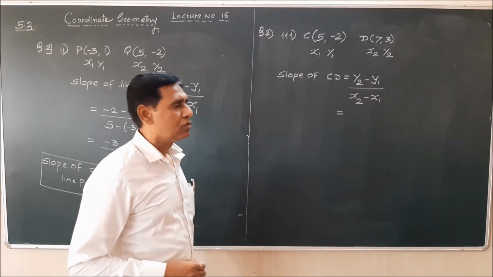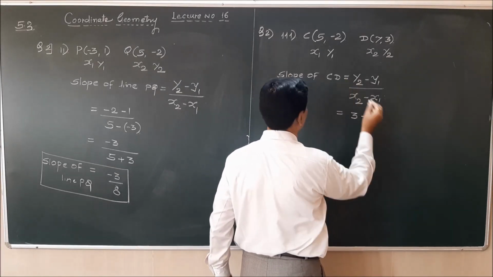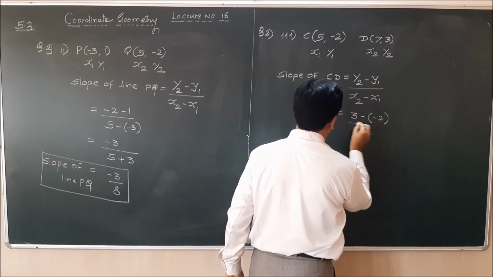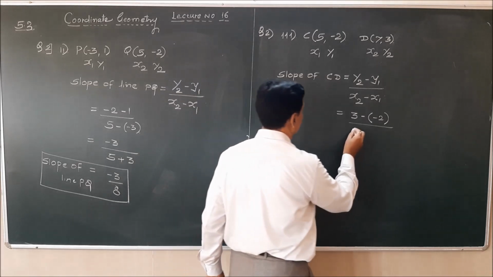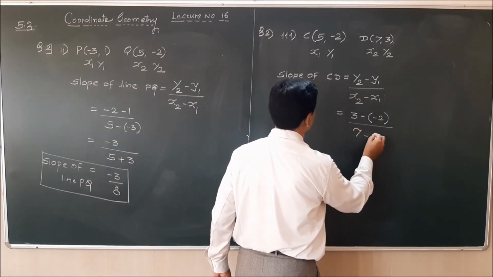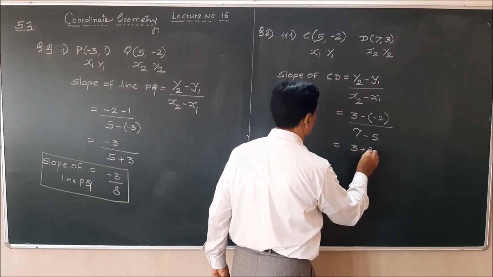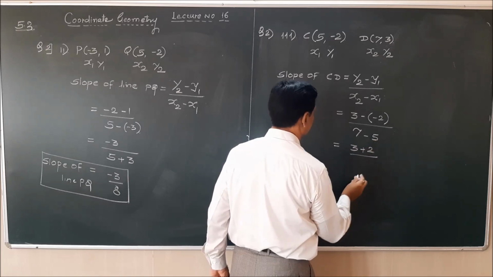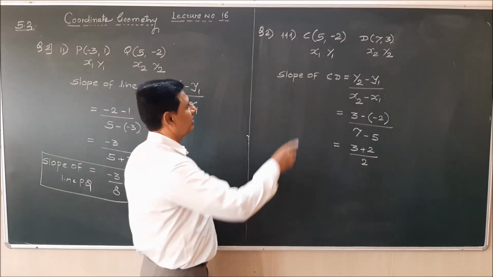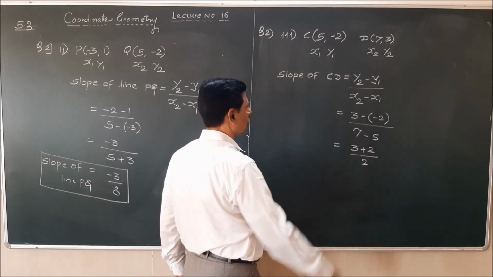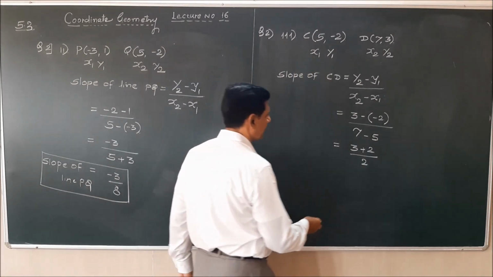The value of y2 is 3 minus of minus 2, that is y1, upon x2 minus x1, x2 is 7 minus 5. That is equal to 3 plus 2 upon 7 minus 5, which is 2. Try to understand here: y2 minus y1 is 3 minus of minus 2, which gives 3 plus 2. x2 minus x1 is 7 minus 5. So 5 upon 2.